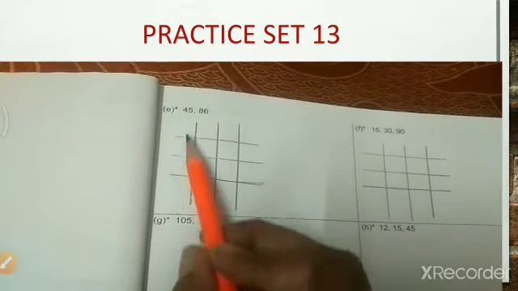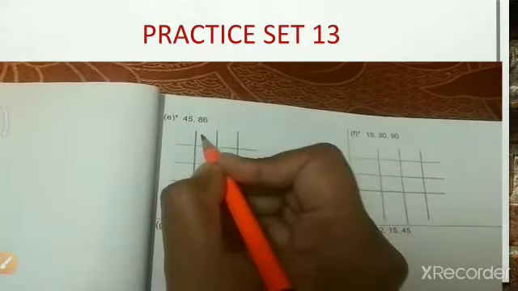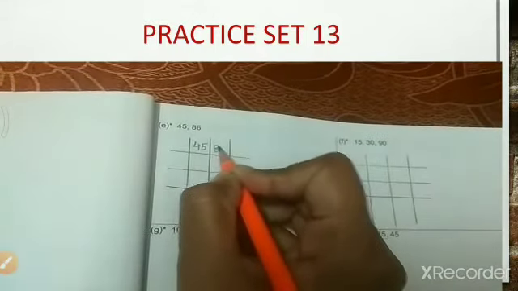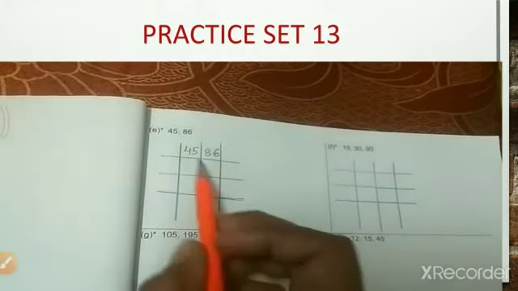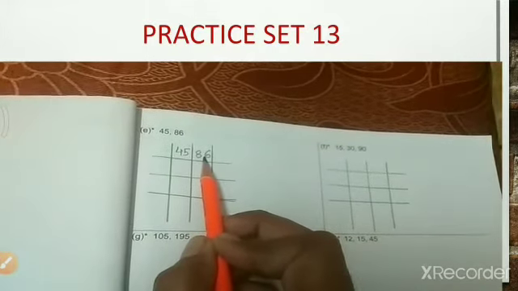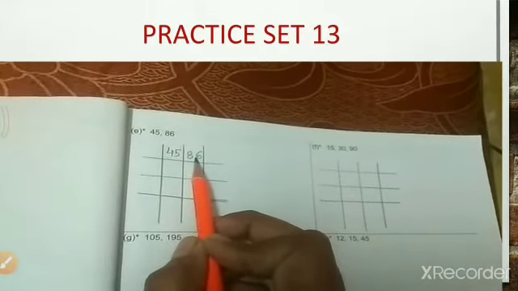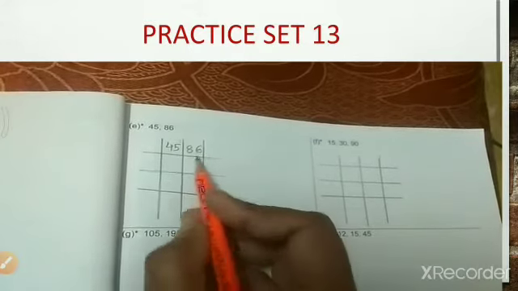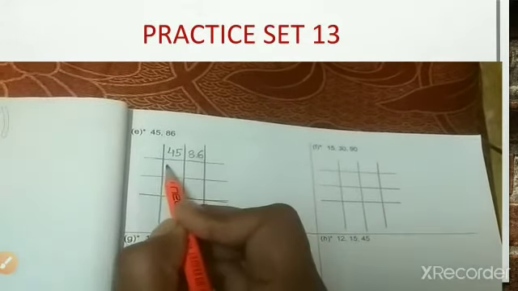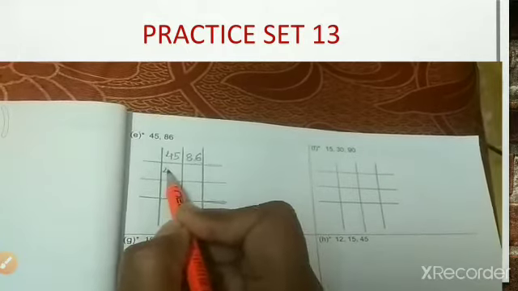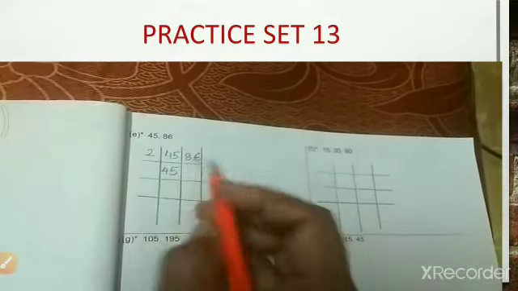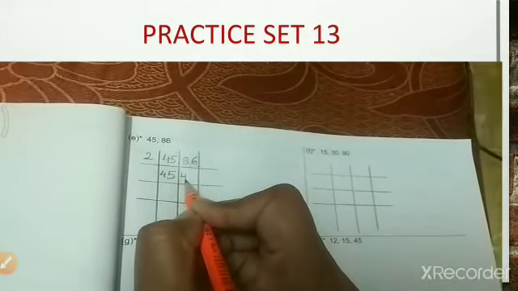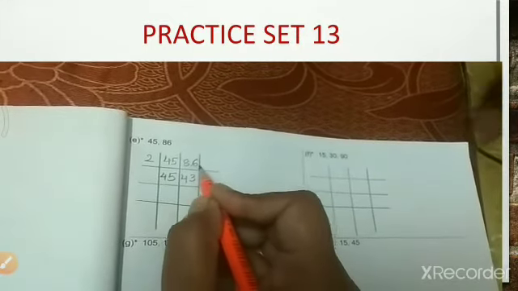Now next one, 45 and 86. Now tell me, 45 and 86 is divisible by which number? Here 45 and 86 is not divisible together by any number. So what you will do is, 86 is divisible by 2. So we will divide 86 by 2. This 45 we will write down as it is. So 2 4s are 8 and 2 3s are 6.